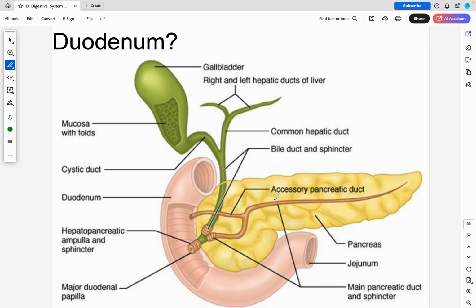Furthermore, aside from storing bile, the gallbladder also concentrates it. What produces bile is another accessory gland, which is the liver. Okay.